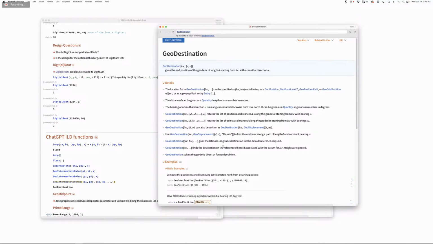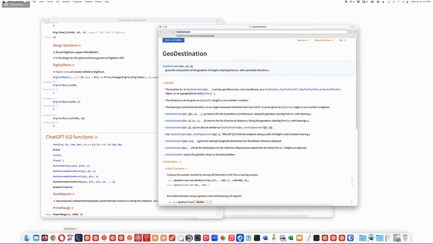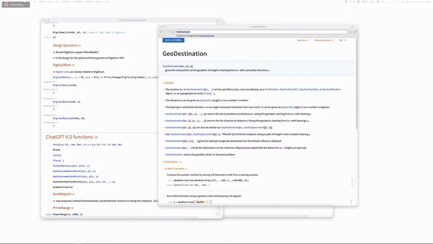So I was suggesting that perhaps there is an extension that you can indicate to geodestination that you want a fraction of the operation that it currently does. Yeah, but look, what about the question of I'm going from A to B, but I only want to go 100 miles along that path? Right. Yeah, that's another possibility.